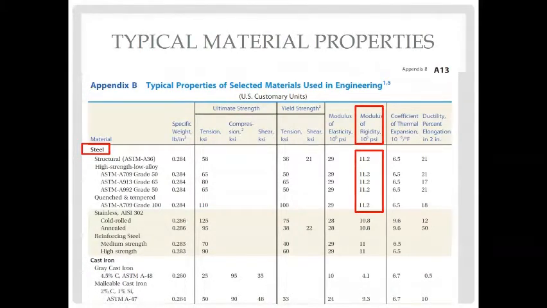This I get directly off of your textbook, right? You can go to the back of the textbook or you can go online and get these reference values. But you're going to need these for the analysis, right? So this is from the back of your textbook again. For steel, modulus of rigidity or shear modulus is 11.2 times 10 to the 6 psi.